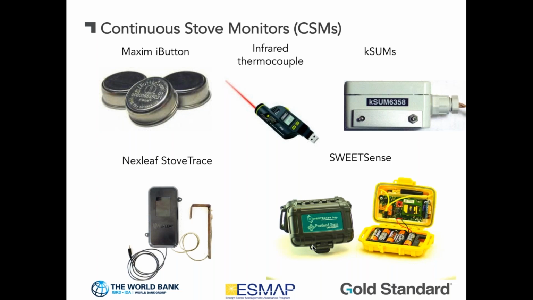These are some of the different types of continuous stove monitors used in the field. Some of them are very portable and easy to fix, like this Maxim iButton. The others are a little more complicated, like the KSUMs. Depending on your project circumstances, you would choose between these different continuous stove monitors for your project scenario.